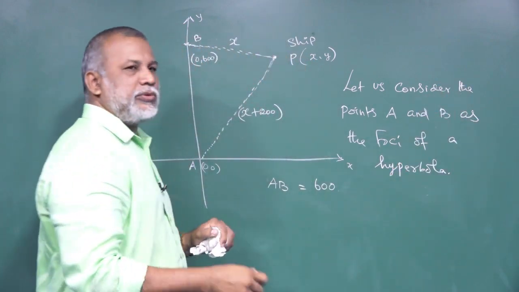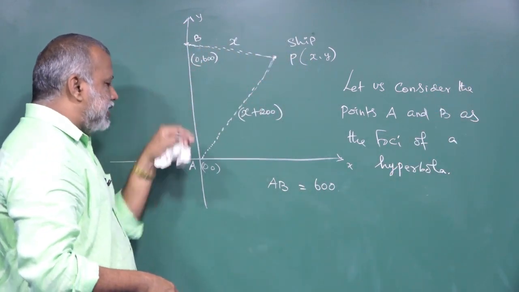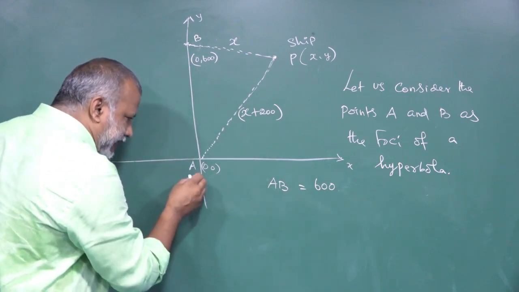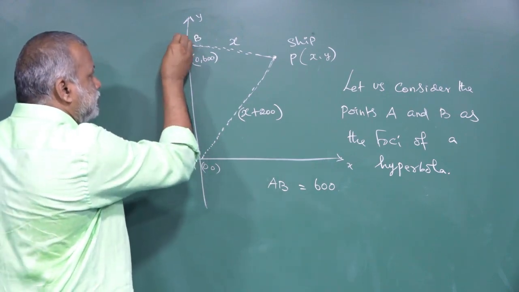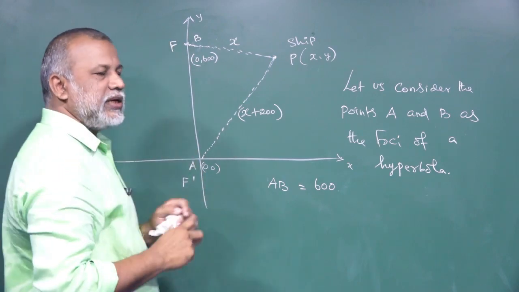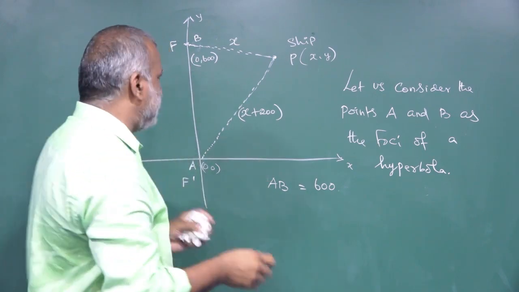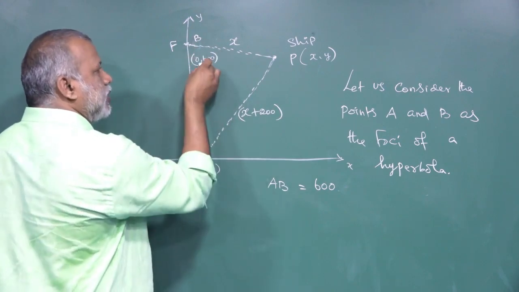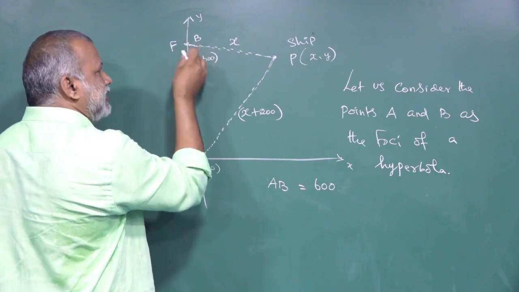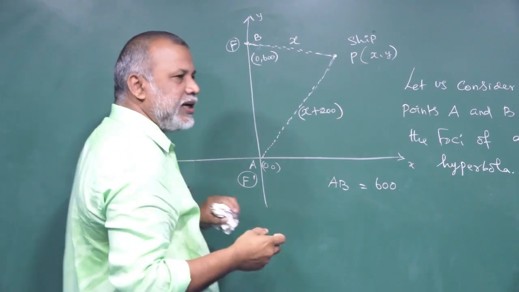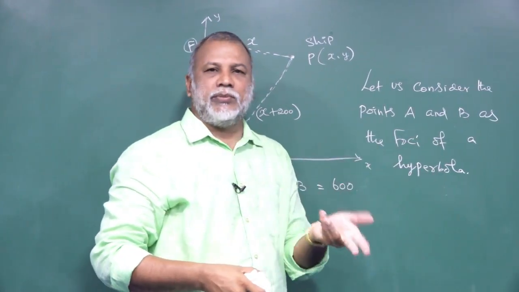So now we are considering A and B as the two foci. That means I am considering this as F and this as F dash, the two foci. Originally, stations A and B are located at (0,0) and (0,600), but as per consideration, we treat these two stations as the two foci of a hyperbola.